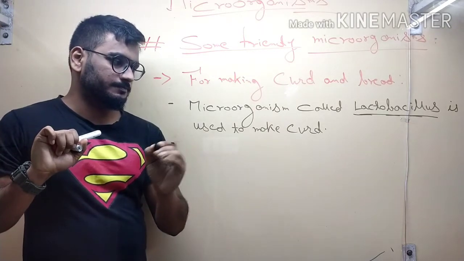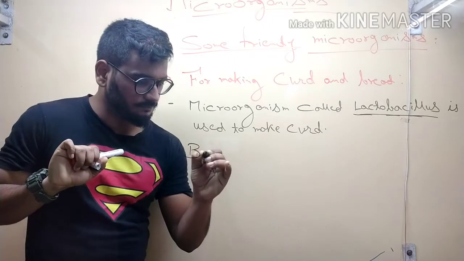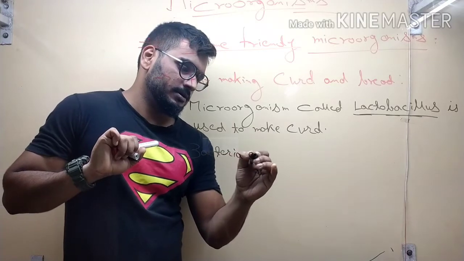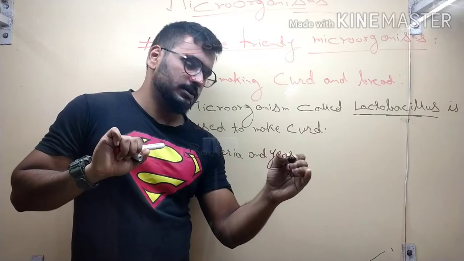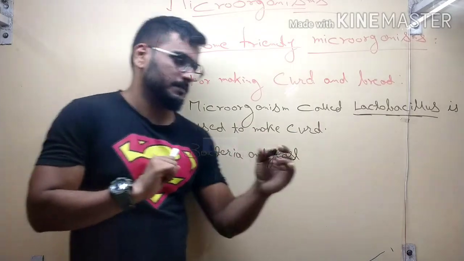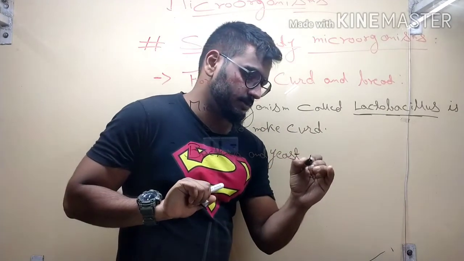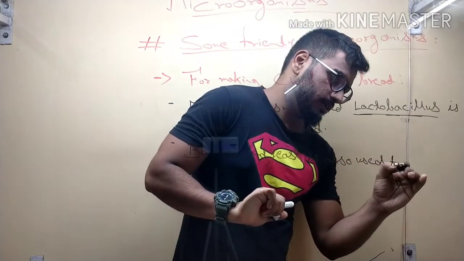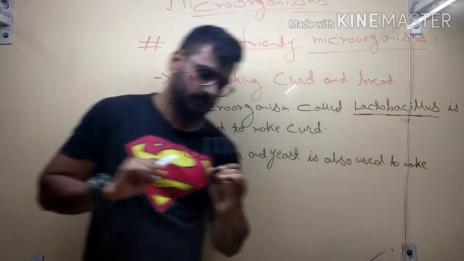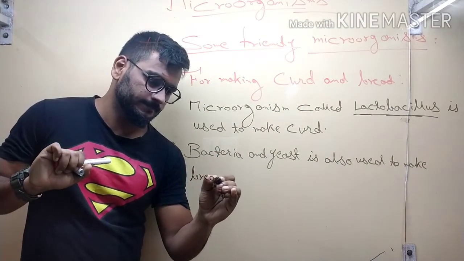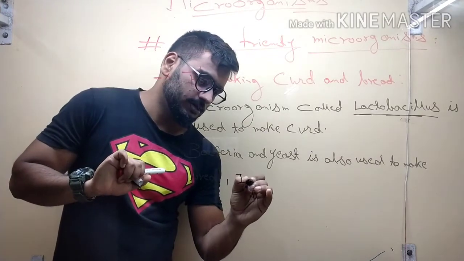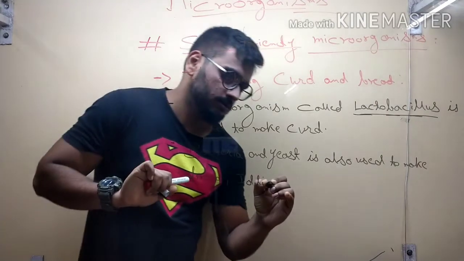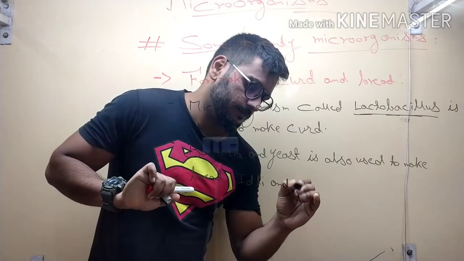Now next point. Bacteria and yeast. Yeast is what? A microorganism. Bacteria and yeast are also used to make bread, idli, you used to eat idli, it is South Indian food, and dosa.